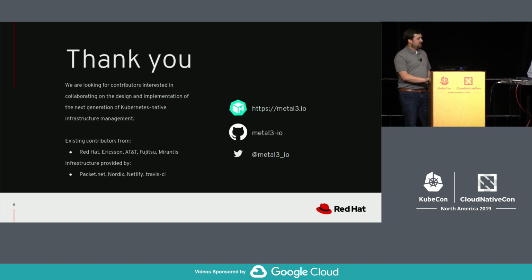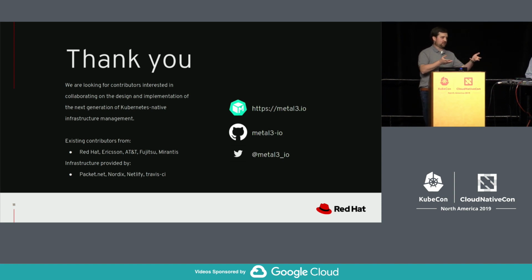The first one, hey, it seems circular. We've got a cluster managing itself. How do you get into that state? Yes. The way you do that is you do have to start with something else. You have to get the cluster up and running, and then you can move the components into the cluster. So in that last demo, V1 Alpha 2, that's not actually self-hosting, right? That showed a management cluster that provisioned it.